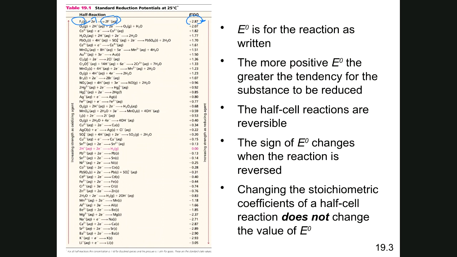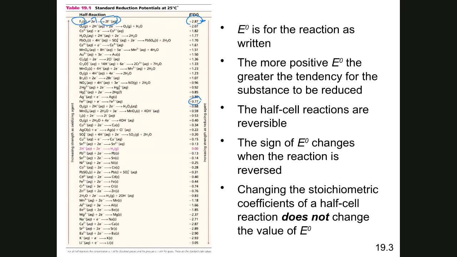So when you're comparing two, the higher the value is, the easier it is to be reduced. And the lower it is, the easier it is to be oxidized, or it's not easy to be reduced. The more positive E0, the greater tendency for the substance to be reduced.